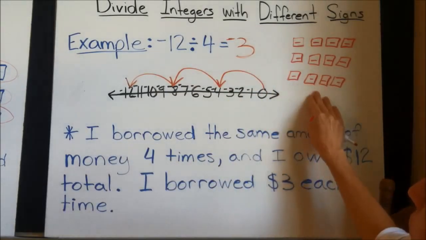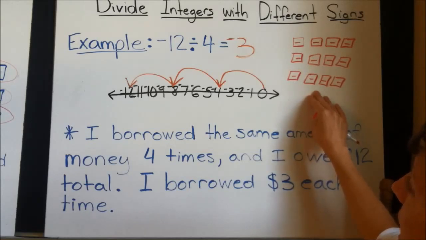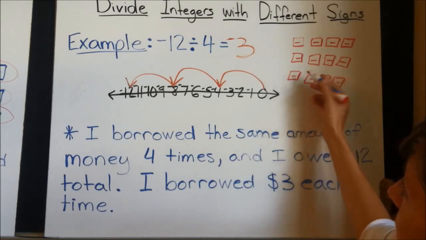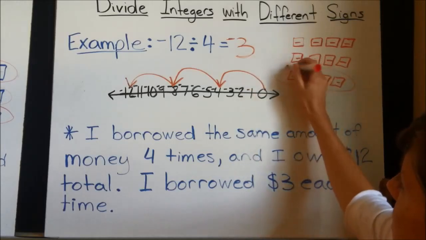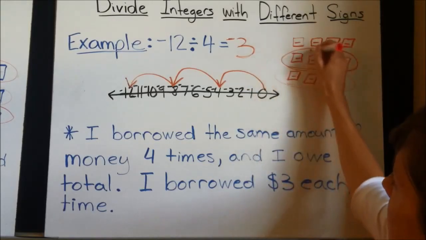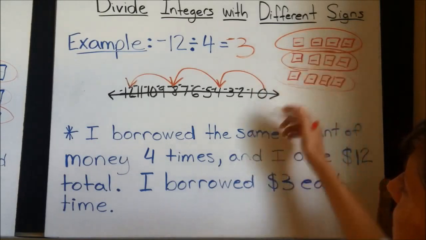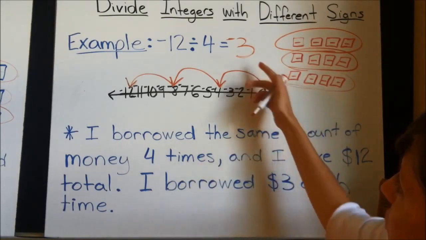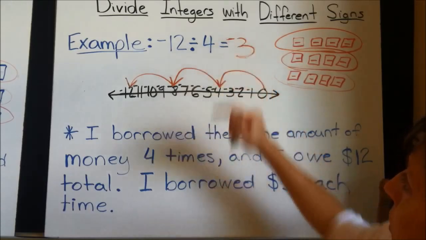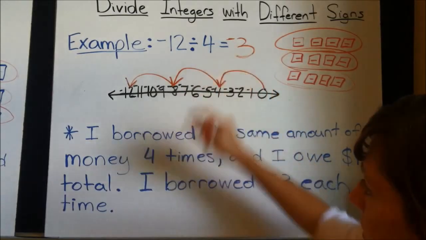Over here I have 12 negative integer chips, and I'm going to put them in groups of 4. So here's a group of 4, here's a group of 4, and here's a group of 4. So that made 3 groups of negative chips. So 3 groups of negatives.